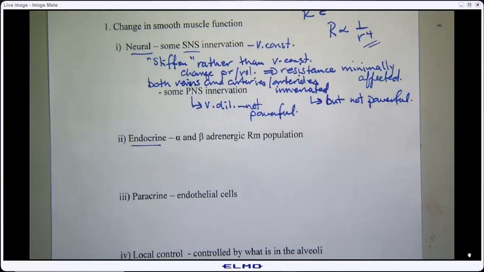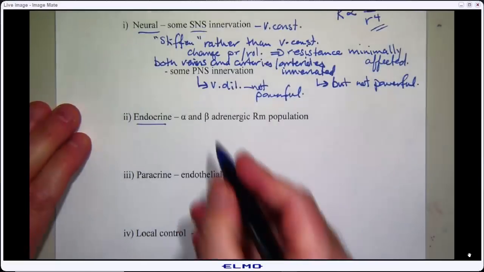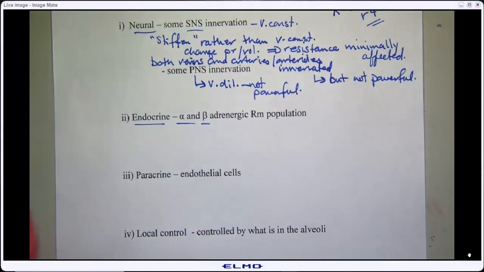So we have both alpha and beta membrane receptor populations causing vasoconstriction and vasodilation. Circulating epinephrine and norepinephrine will find both of those, and at the end of the day, there's really no net effect.